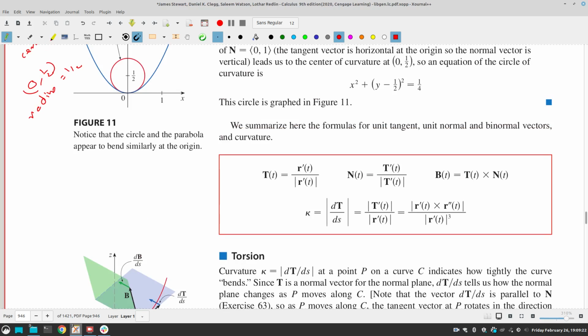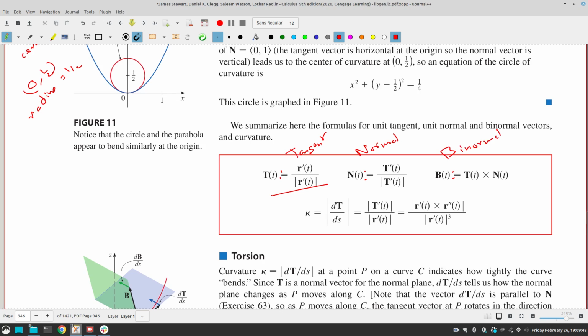And okay, so here we summarize all the formulae. This is the tangent vector, this is a definition, this is the other definition, this is another definition: tangent, normal, binormal.